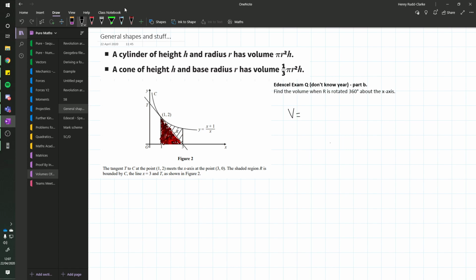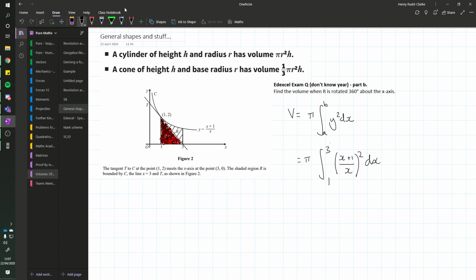So the volume of the whole area is going to be pi integral between b and a of y squared dx, because we're going around the x-axis, not the y-axis. So pi integral between 3 and 1 of (x plus 1) over x, all squared, dx.